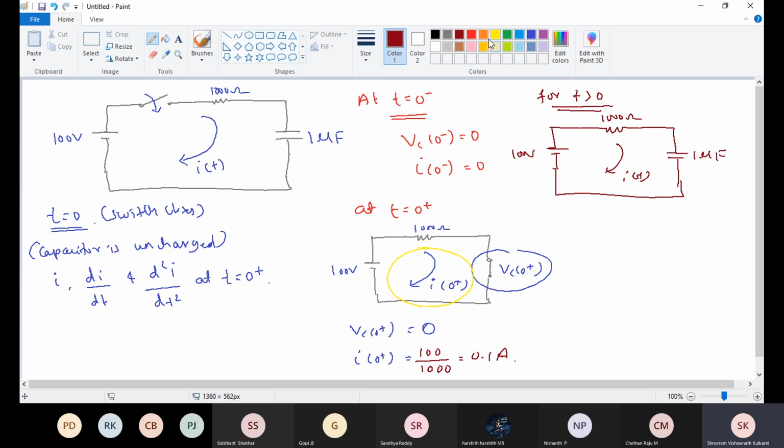Current is flowing like this. Going from minus to plus, plus 100. Then plus to minus, minus 1000 i. Then plus to minus, minus the voltage across the capacitor.